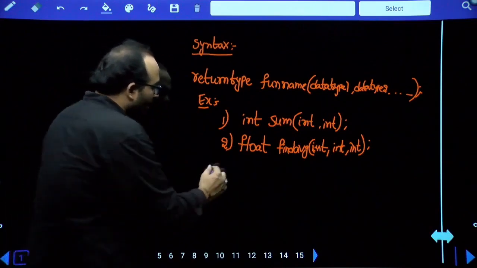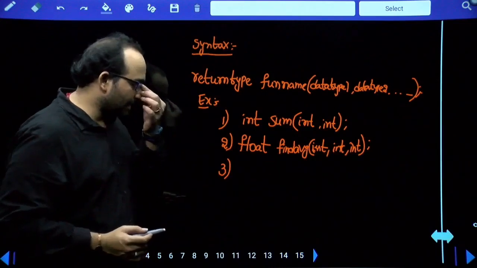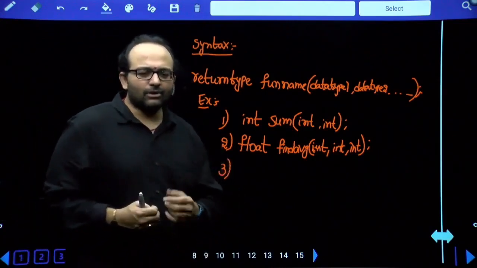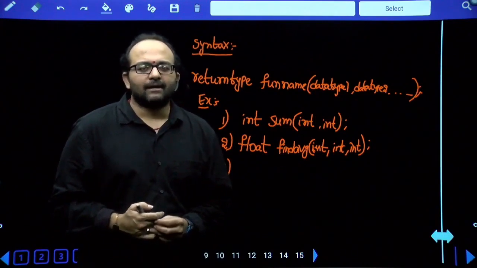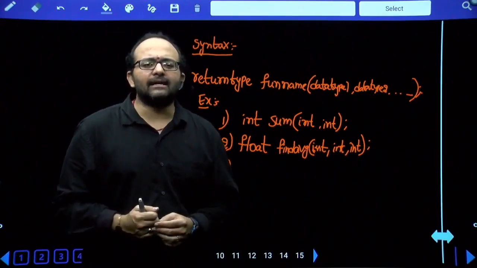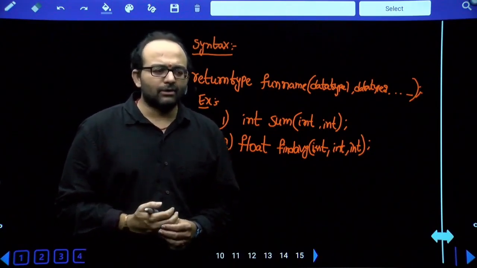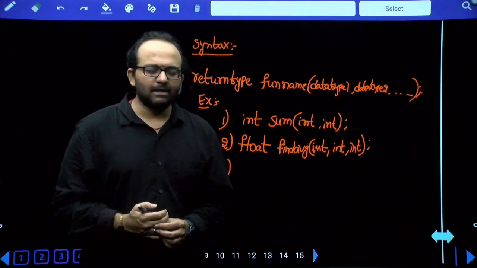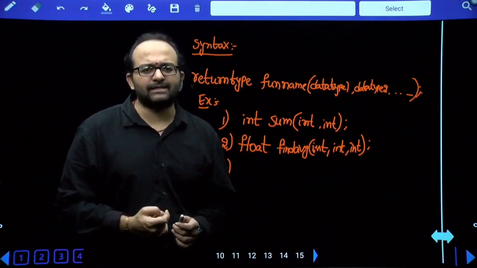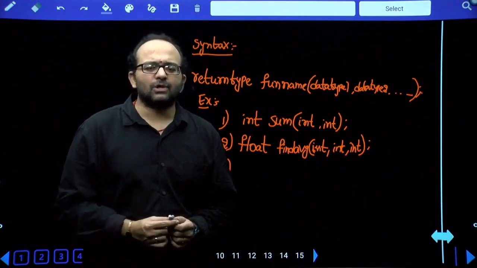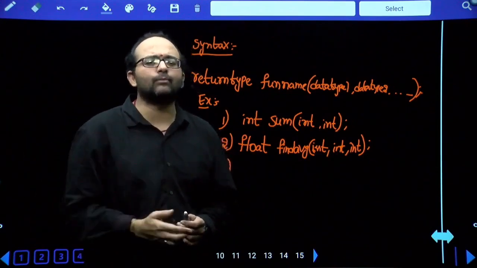Okay, and next similarly, let us suppose you're taking input as floating point values and returning the value is also floating point type. For example, you are going to compute the average among floating point values which are taken as input, and the average that is computed is also floating point type.